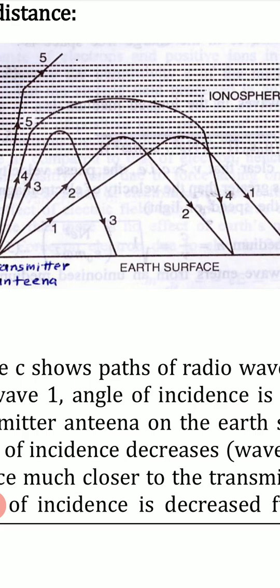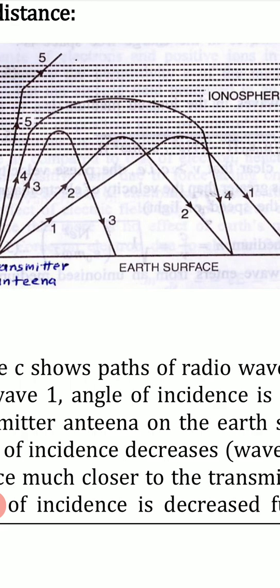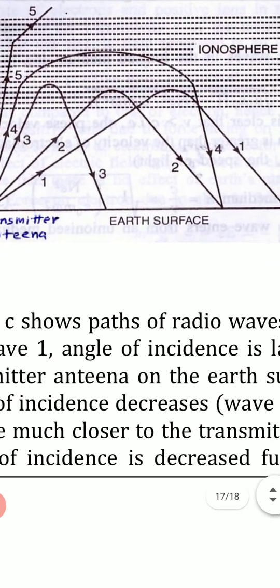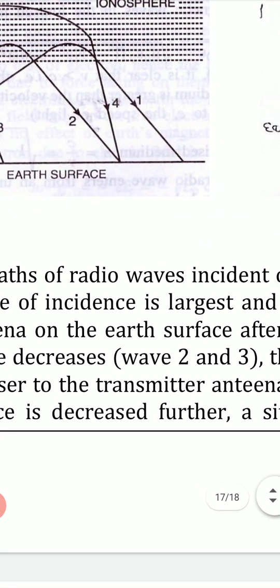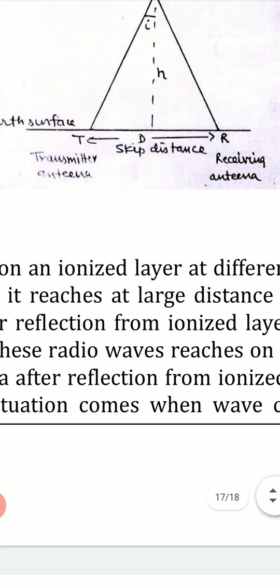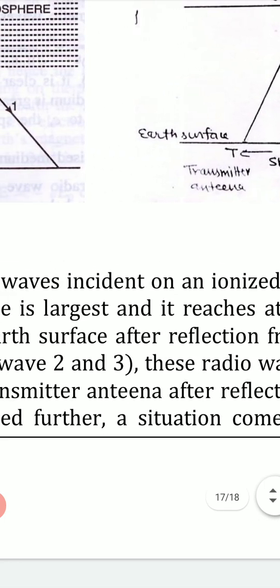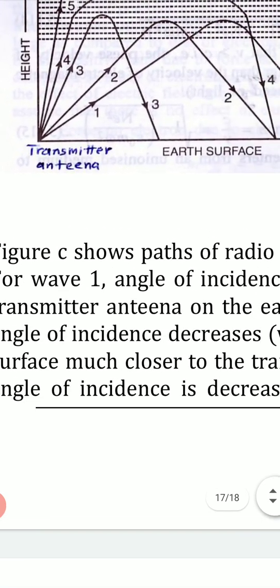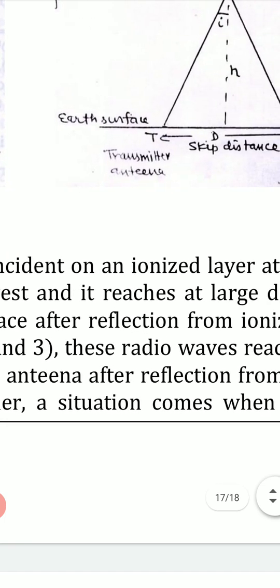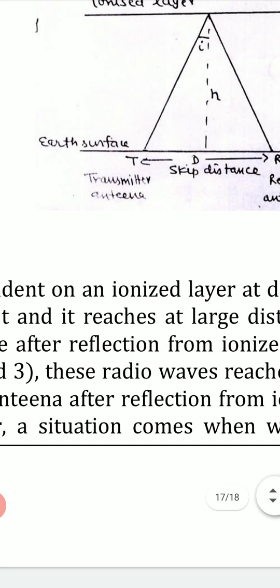As we move from 1, 2, 3, 4, 5, the angle of incidence I decreases. For wave 1, the angle of incidence is maximum, the largest, and it reaches the Earth's surface at a large distance from the transmitter antenna after reflection from the ionized layer.